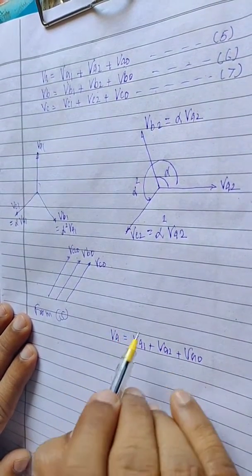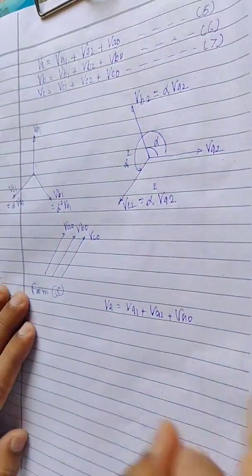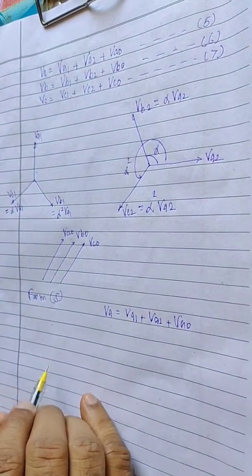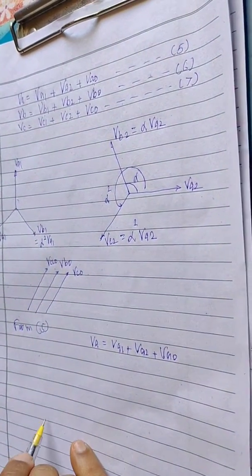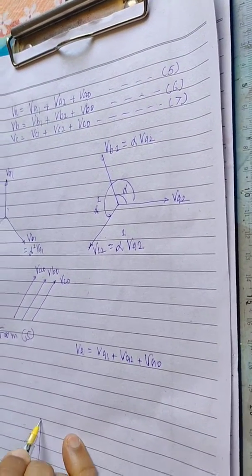Before going to this, we can find the resultant of all these. First of all, vector VA1 is plotted.